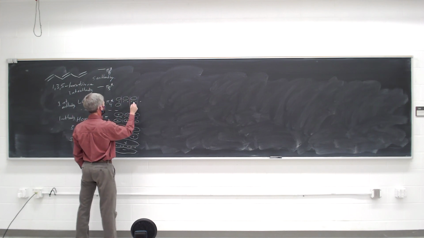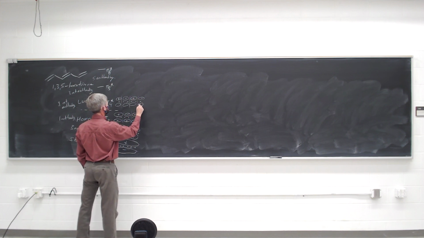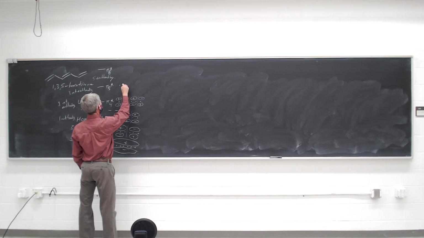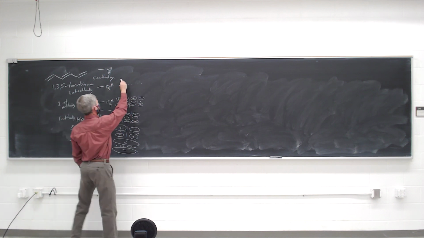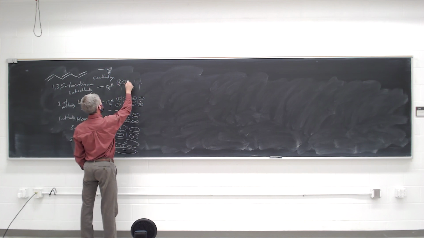This is the way you drew it on the quiz. Let's take it back. Over here, you shouldn't have to write this down. Pi 5 has 4 nodes.